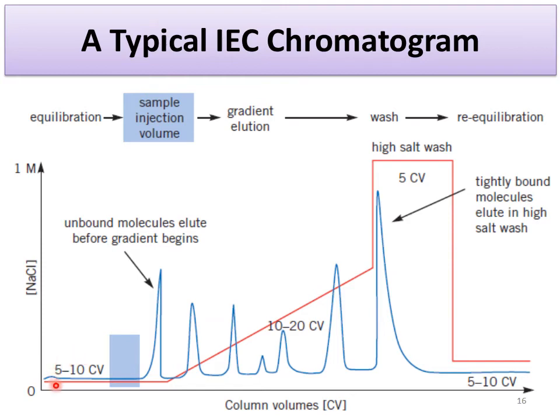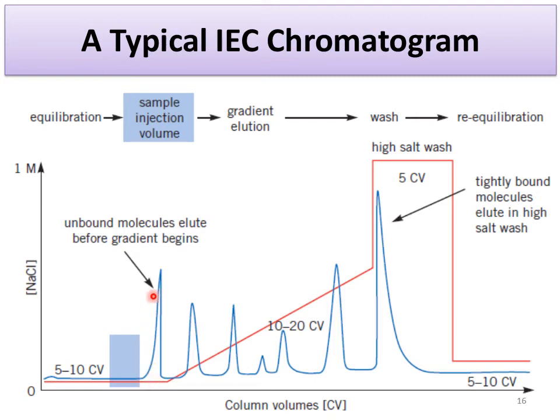Initially, the buffer was passed through the column, and that was meant for equilibration. Later, the protein sample was injected. Now, when protein was injected, the proteins which were not able to bind to the column will be removed from the column as such, because they are unable to bind to the stationary phase.